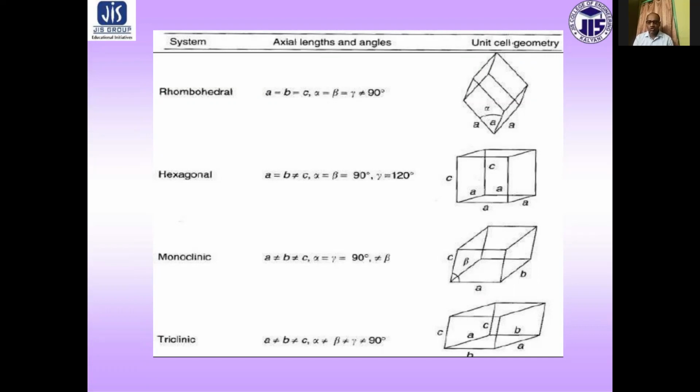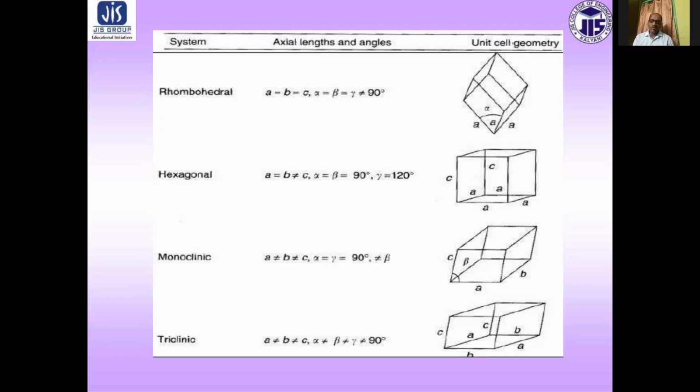Next is monoclinic. In monoclinic structure, three unequal axes, one pair not at right angle. So it is denoted as A not equal to B not equal to C, and alpha equal to gamma equal to 90 degrees, not equal to beta.